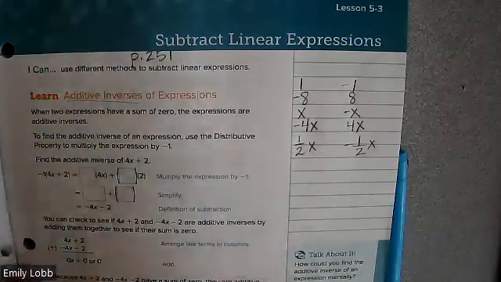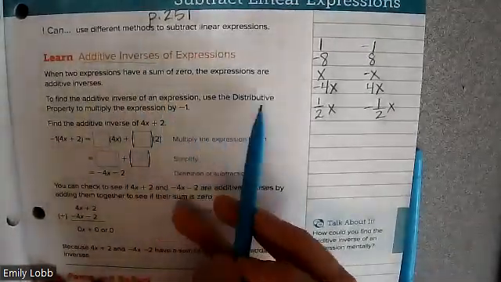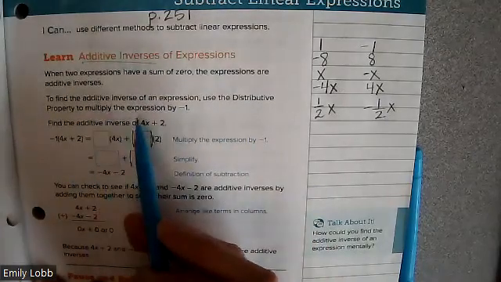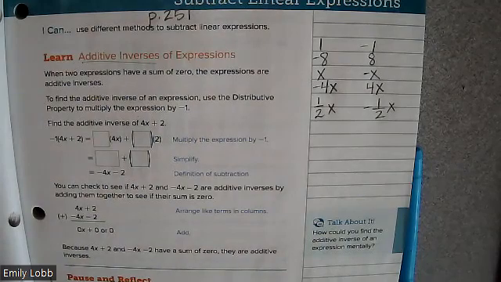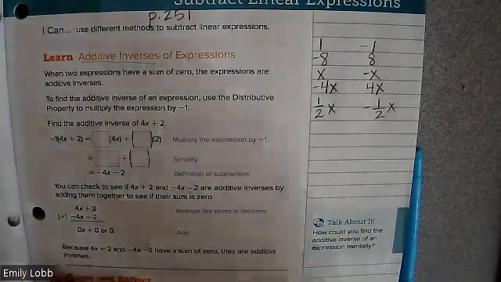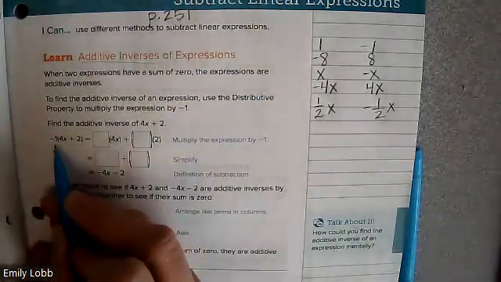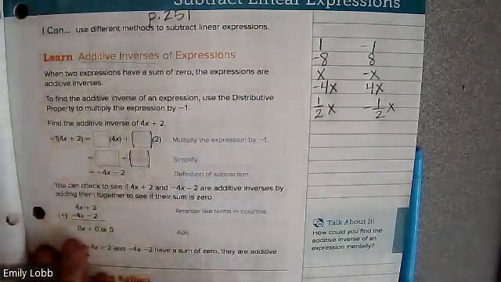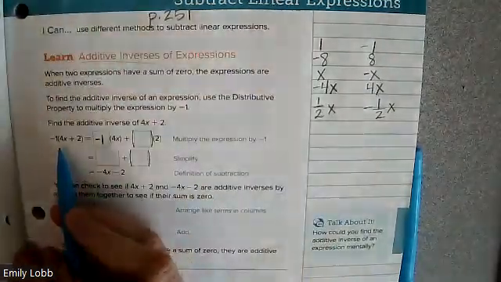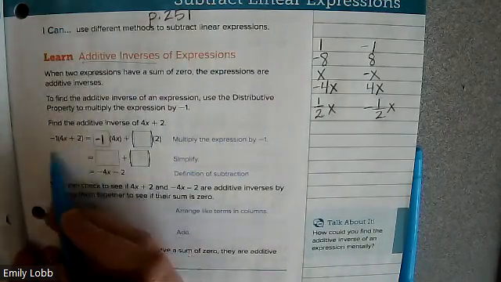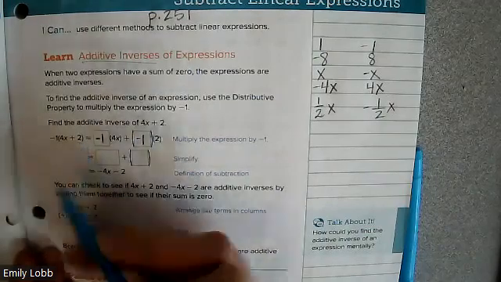So here, to find the additive inverse of an expression, we can use the distributive property to multiply the expression by -1. So when we multiply by -1 or we divide by -1, we're just taking the opposite of that. So they're distributing -1 through here. Remember, our distributive property says whatever's touching my parentheses times one of the terms, whatever is touching my parentheses times the other term.